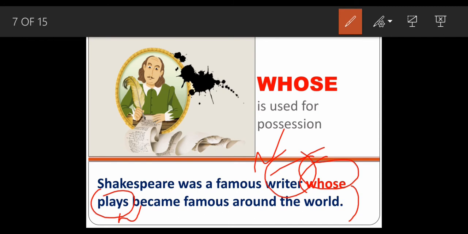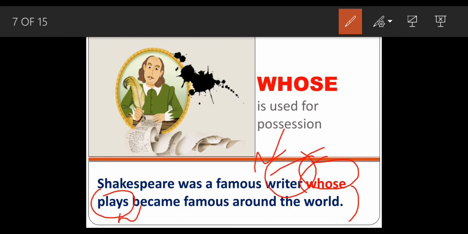Other examples can be my father whose name. So my father is a noun. Name is another noun. So my father whose name, my mother whose hobby, my uncle whose job. So here we have whose used between two nouns.